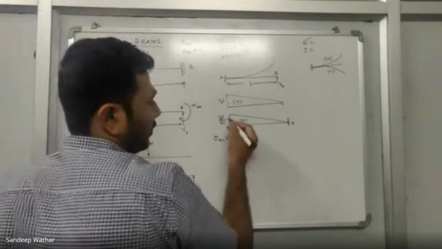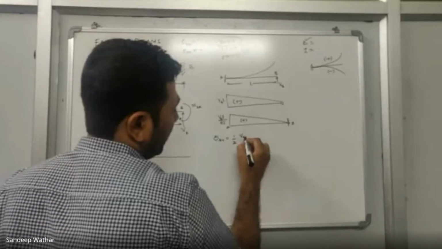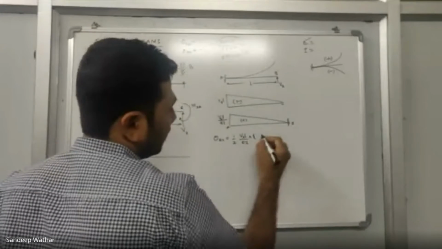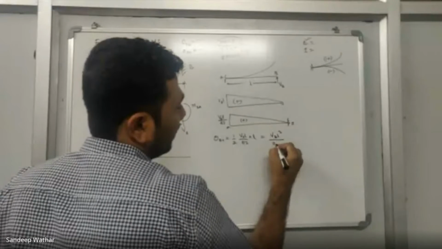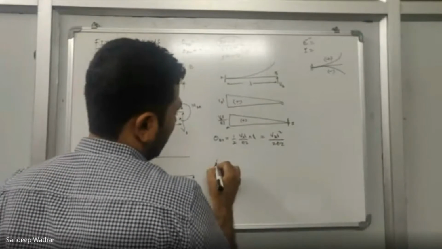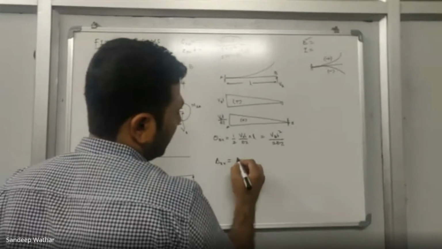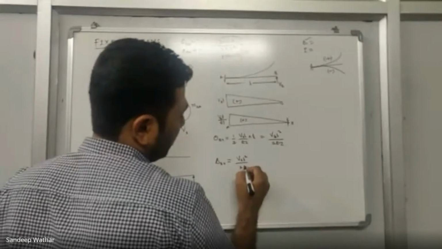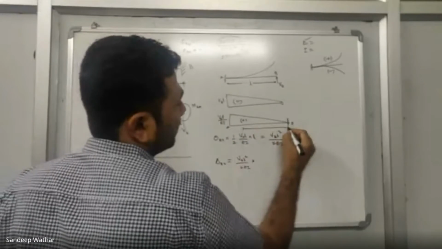Okay, so you can calculate the shear force, 1 by 2 into VB into L divided by EI into L. So this will give you the slope, which is equal to VB L square divided by 2 EI. Now similarly, let us calculate the deflection, which is delta BV, equal to VB L square divided by 2 EI into, what is the CG distance from here to here?